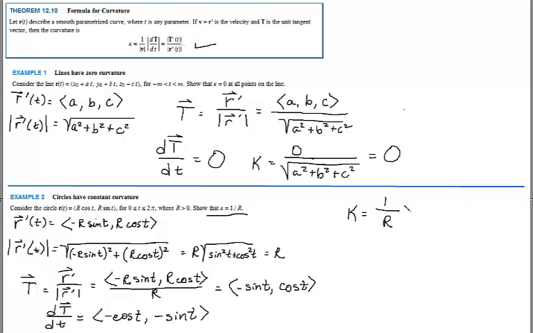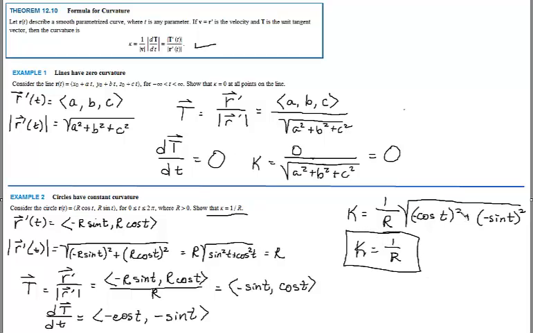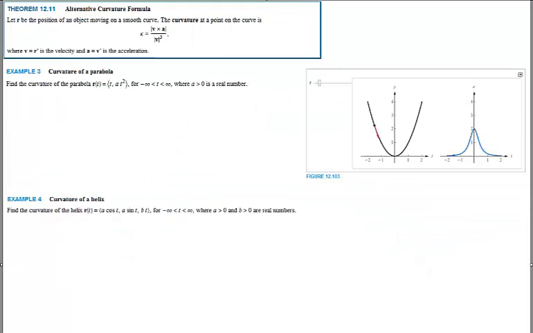That is going to be the square root of negative cosine t quantity squared plus negative sine t quantity squared, after which I'll get that the curvature is 1 over r. Note that I will then have cosine squared plus sine squared, which is the identity. Oh, that was all I needed to prove, and we're done with that one.